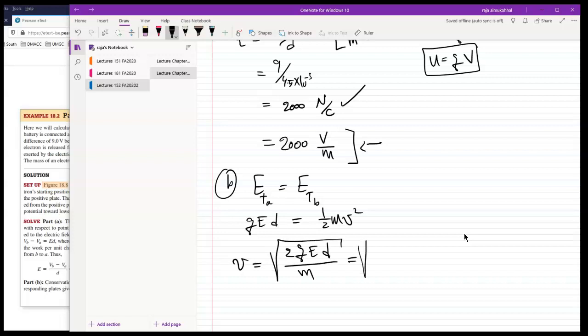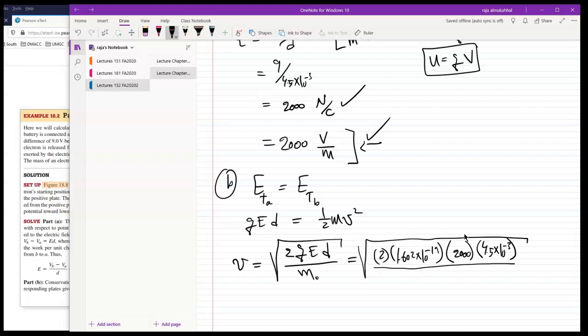So that will be the square root of 2 times the charge on the electron, which is the fundamental charge, e, 1.602 times 10 to the negative 19. The electric field, I just found it right here, so that's 2,000. Multiply this by D, which is 4.5 times 10 to the negative 3 meters. Divide this by the mass of the electron, 9.11 times 10 to the negative 31 kilogram.